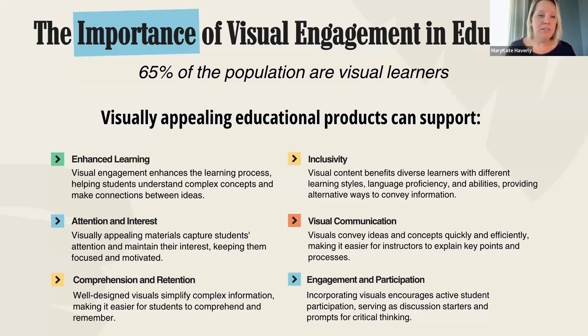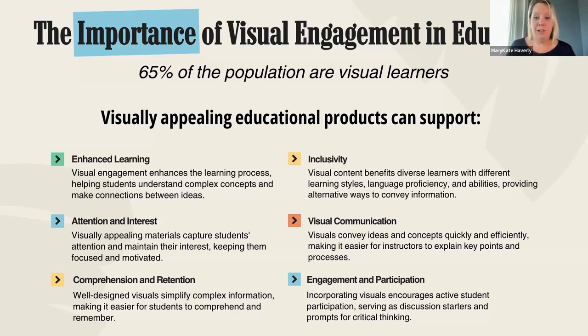And I've actually seen statistics that have said that could be as high as 80%. So visually appealing educational materials have a great opportunity to reach a large number of your student population. Visuals also play a crucial role in enhancing learning, making complex ideas more accessible and memorable.